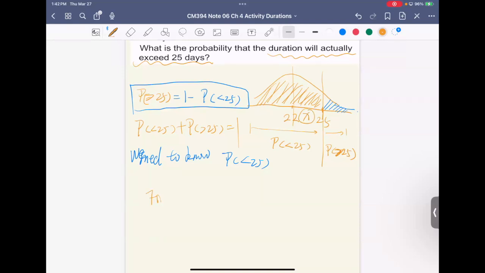So X is equal to 25 minus 22 divided by 3.5, which is equal to 0.71. Thank you. So we're getting this X equal to this, right?